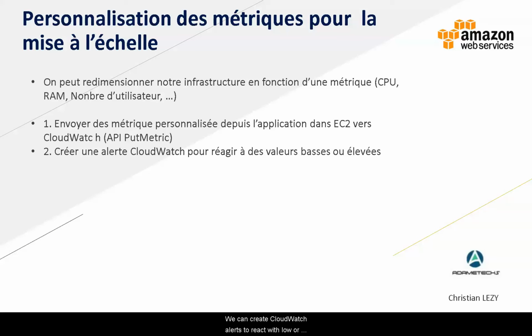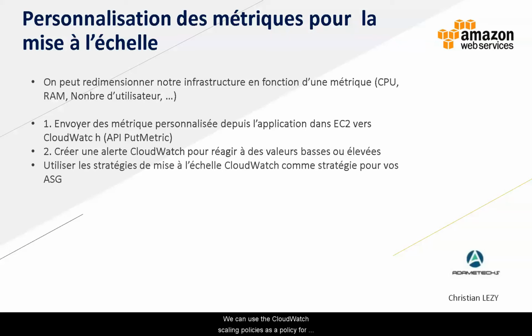We can create CloudWatch alerts to react with low or high values, maximums, activity, peaks, or faults. We can use the CloudWatch scaling policy as a policy for our ASGs instead of the ASG specific policies. So we'll be controlling our ASGs directly with CloudWatch. So this is a tool that will be very interesting to use later in this course.